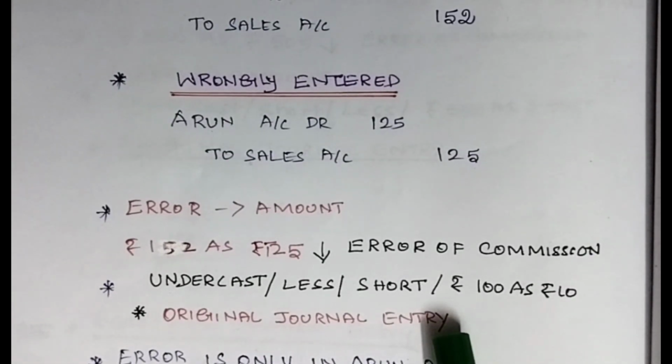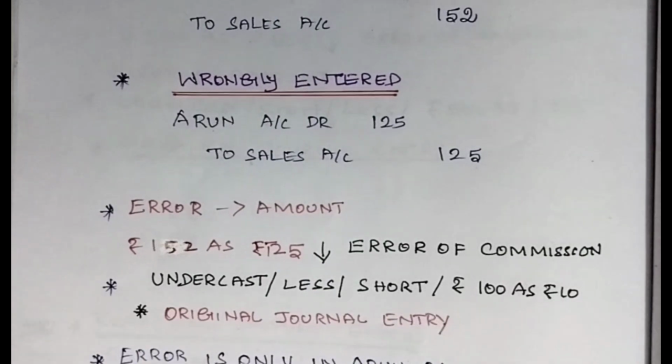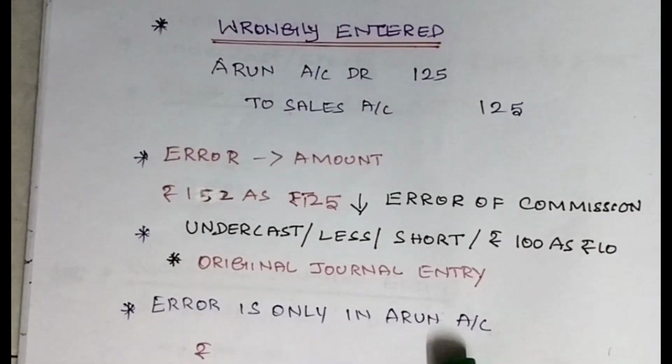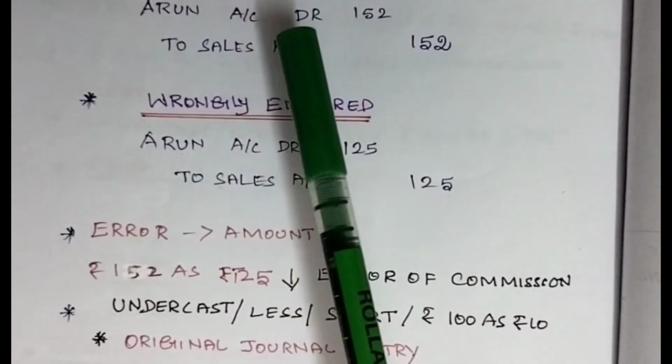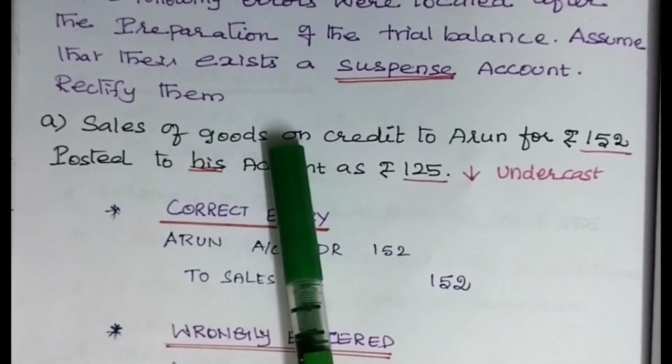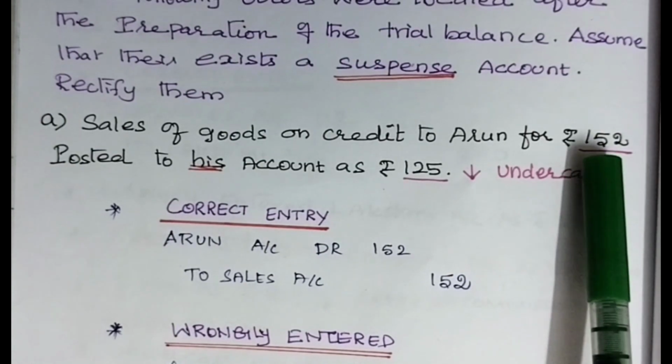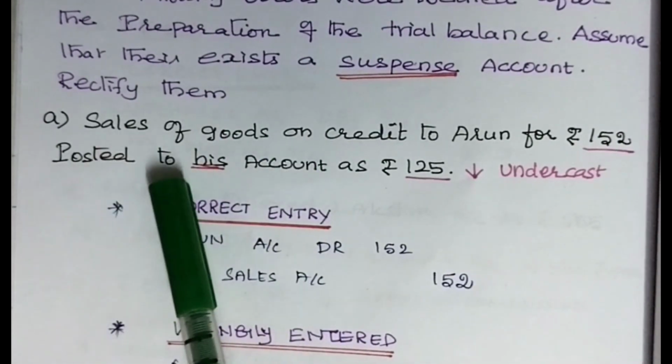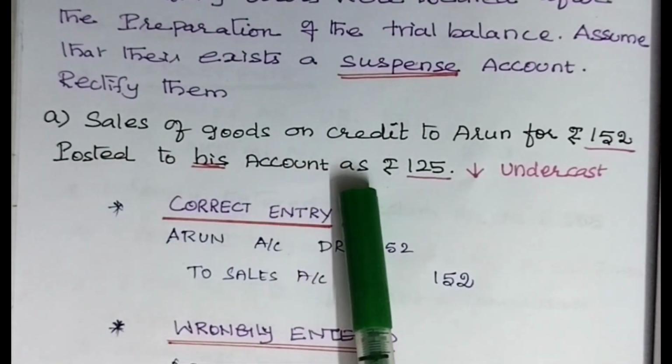So the error is only on Arun's account. The sales book is correctly entered as 152 rupees, but posted to Arun's account as 125.